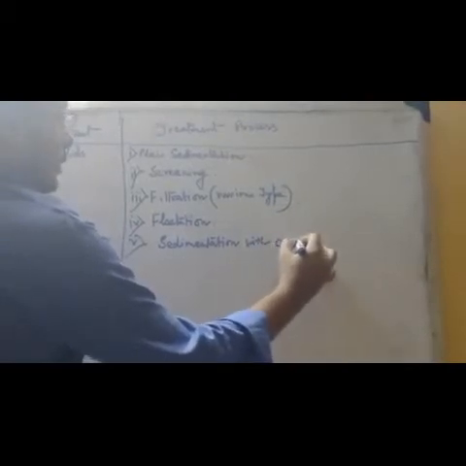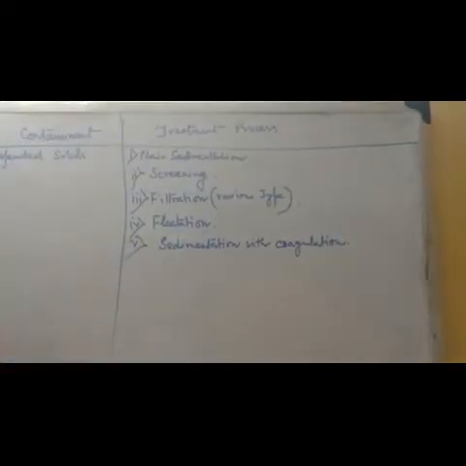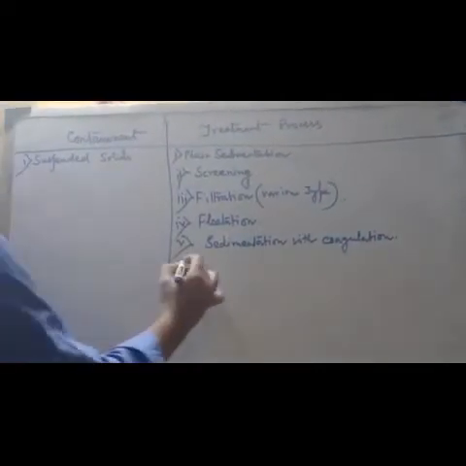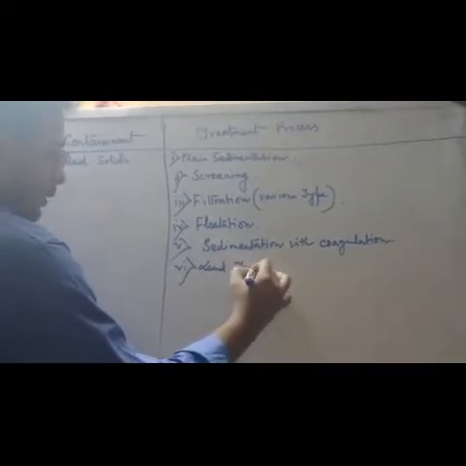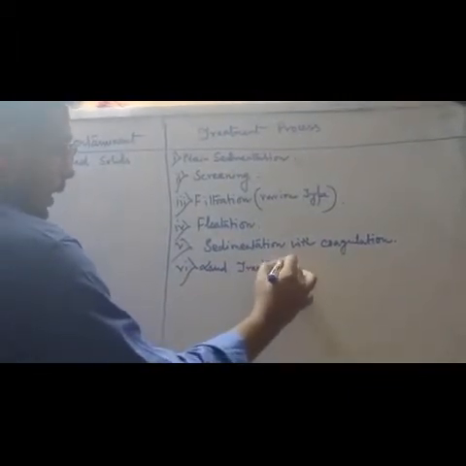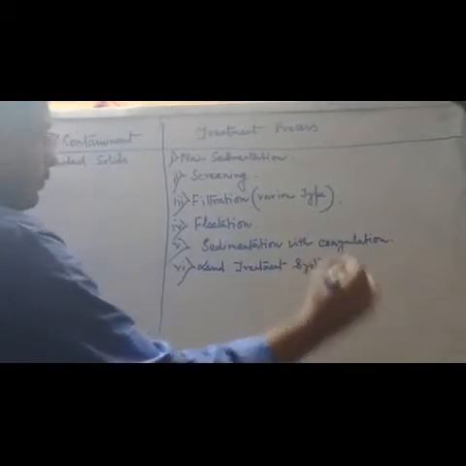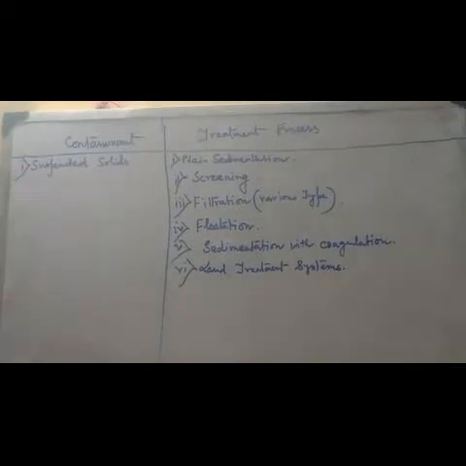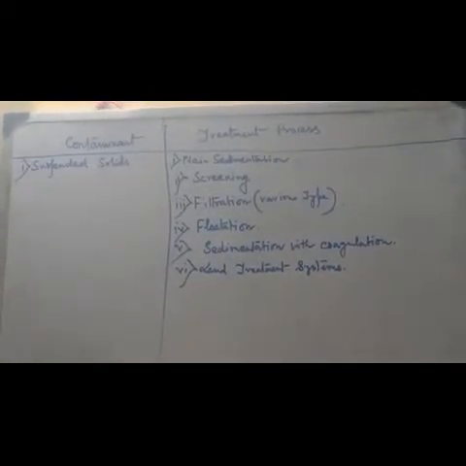And the last thing is land treatment systems. So if the contaminant is suspended solids, then we can remove it by these 6 methods.